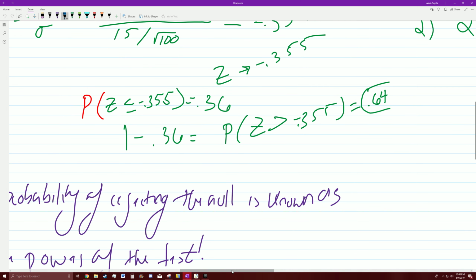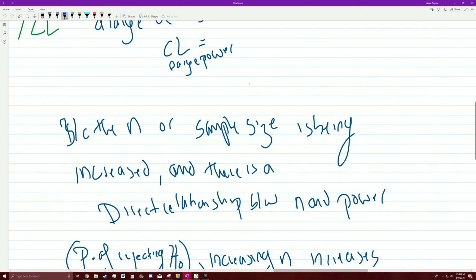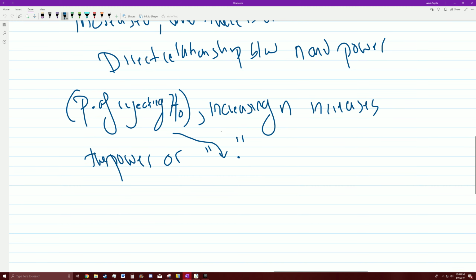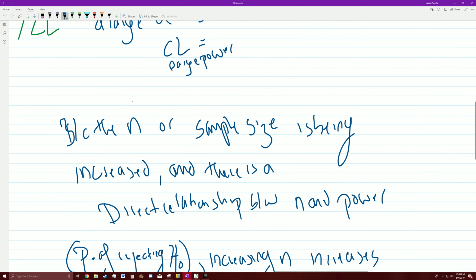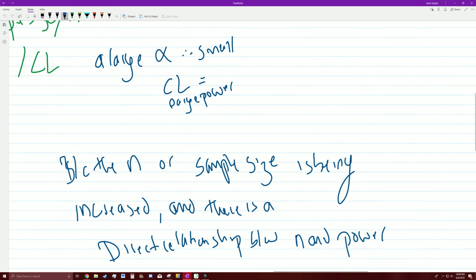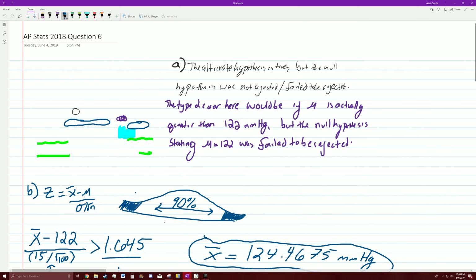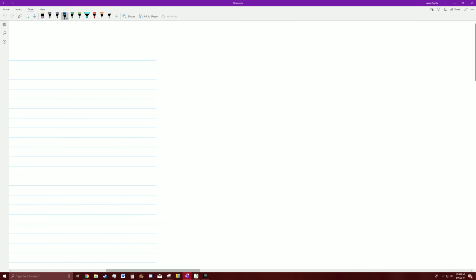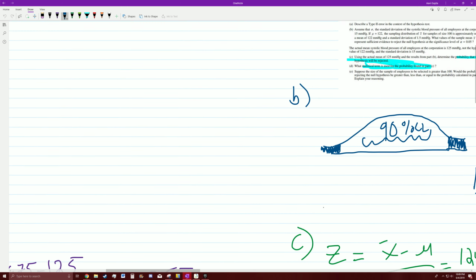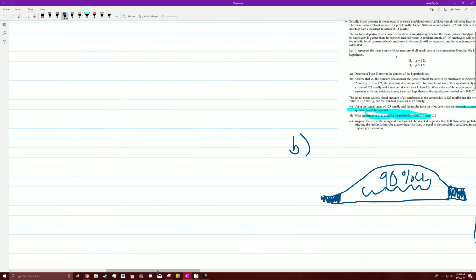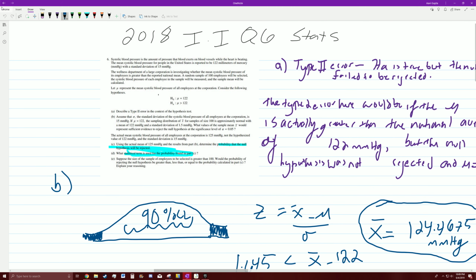So as long as you know that there's a relationship between sample size and power, then you were good to answer this question. And there you go. This would give you full credit. All this work will give you full credit for this investigative task. All right. Thank you.